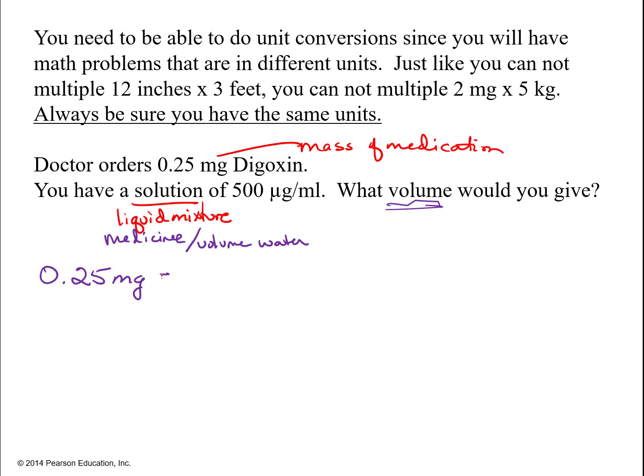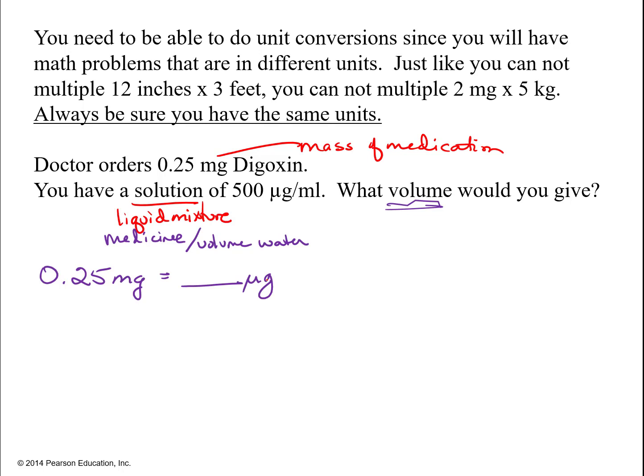So I'm going to convert 0.25 milligrams of this medicine. I want to know what it is in micrograms, because once I get it in micrograms, I can set it up, have my units cancel, and figure out milliliters of the medicine that I would give. Is this a one-step or a two-step? Two, because you see milligrams and micrograms.